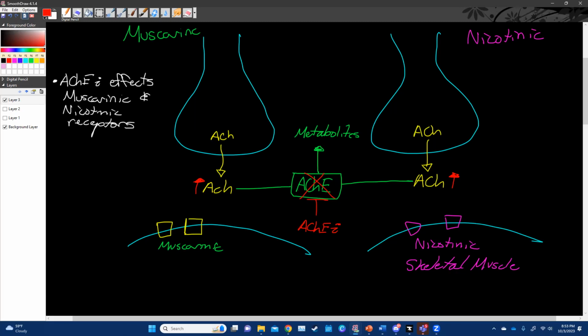You're going to have a ton of effects. You're also going to increase nicotinic stimulation. And this is really what we use the acetylcholinesterase inhibitors for, the effect on the nicotinic skeletal receptors.